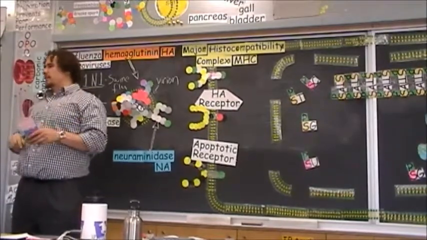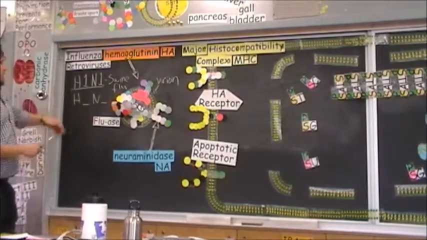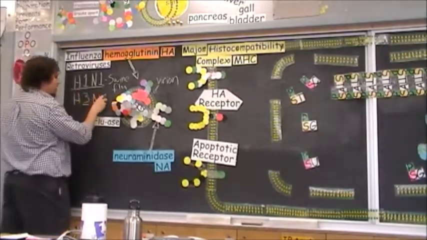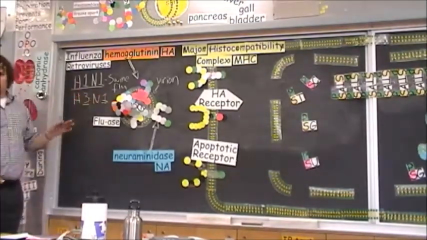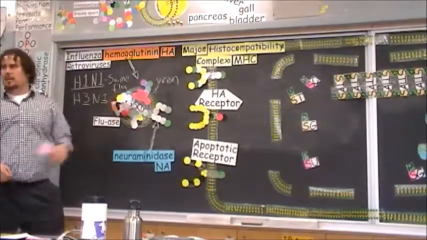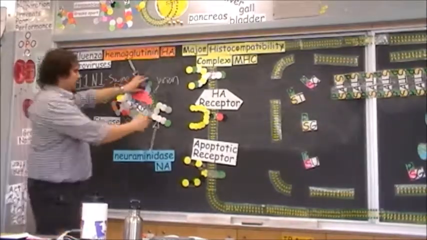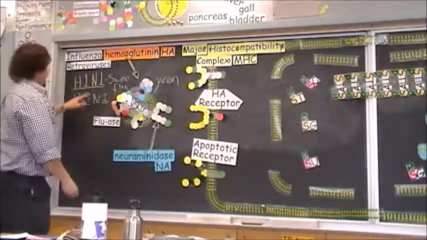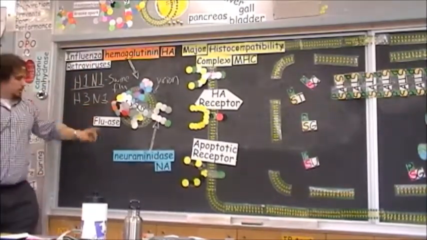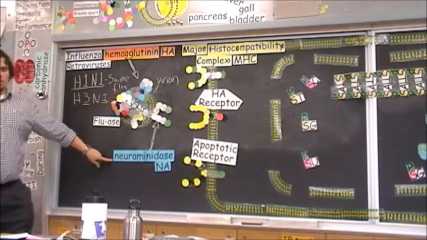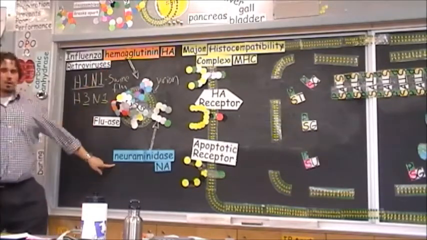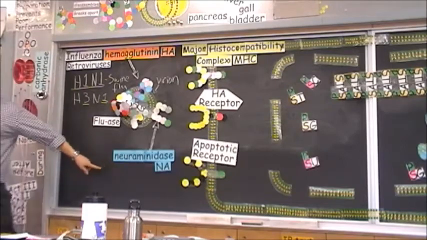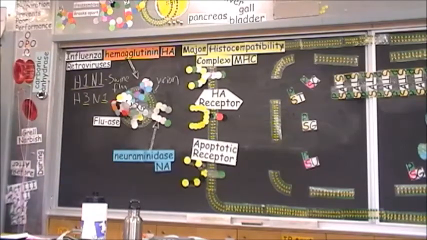You don't have to remember the exact numbers, but this could be H3N1, H4N1. This is how they categorize different strains of influenza. N stands for neuraminidase. So H is hemagglutinin, N is neuraminidase.